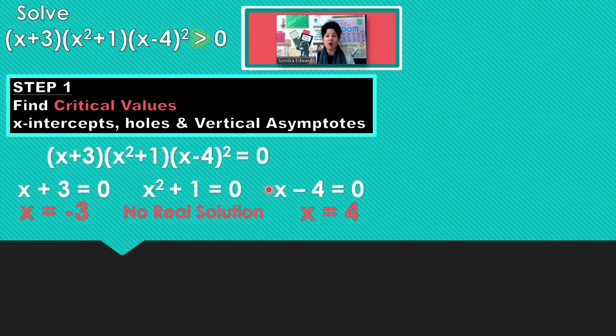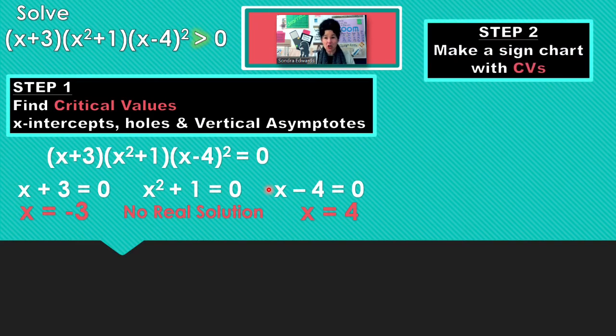So now that we have all of our critical values, we're going to next make a sign chart with those critical values. That amounts to you making just a general number line, and then you're going to put those critical values in order from least to greatest. So I'm putting in -3 and 4.